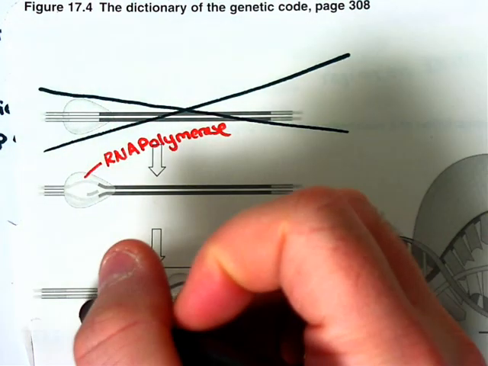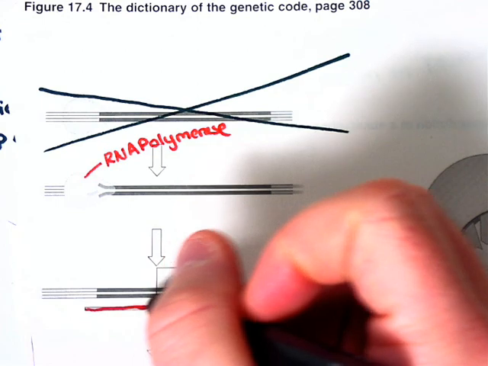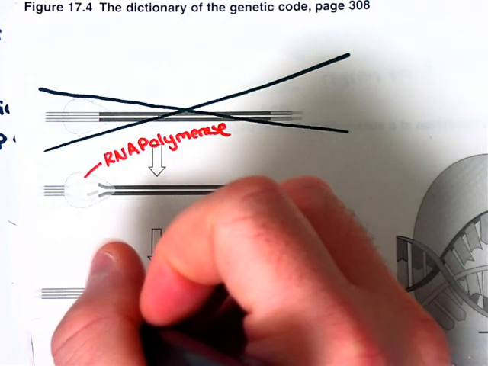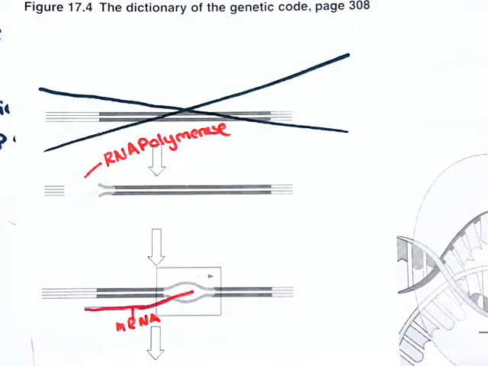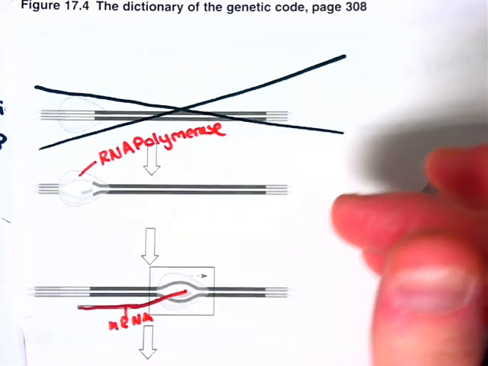And you'll see in this picture below that we've started to make this strand of RNA. Agreed? So this actually would be what I would call mRNA. Possibly, though, it might be pre-mRNA. If it's a eukaryotic cell, it's a guarantee it's probably going to be pre-mRNA. It still needs to be modified.